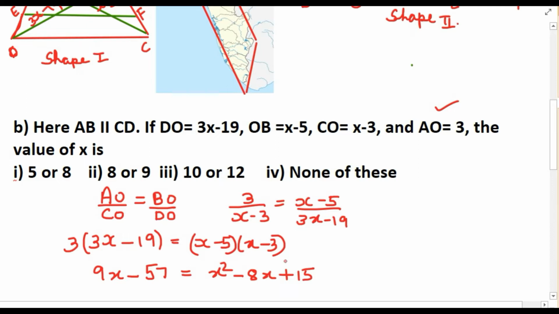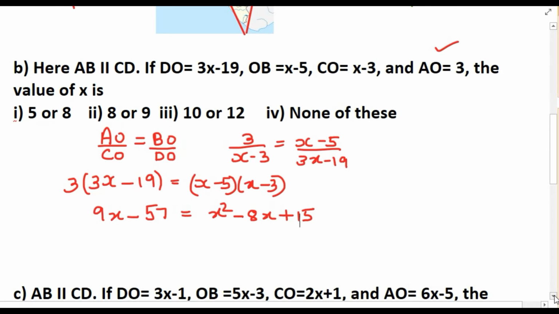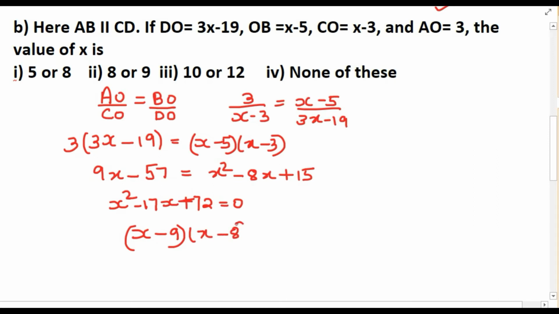If you take the 9x to the other side and simplify, we get x square minus 17x plus 72 equal to 0. So the factors will be x minus 9 and x minus 8. Product of two numbers is 72 and sum of two numbers is 17. So the value of x is either 8 or 9. So the second option is the correct answer.